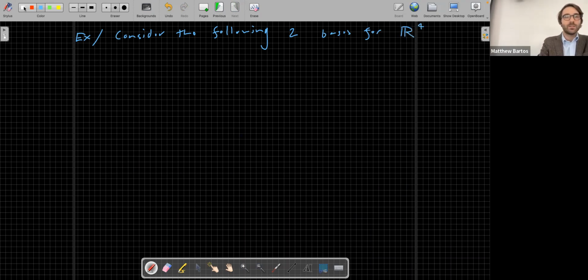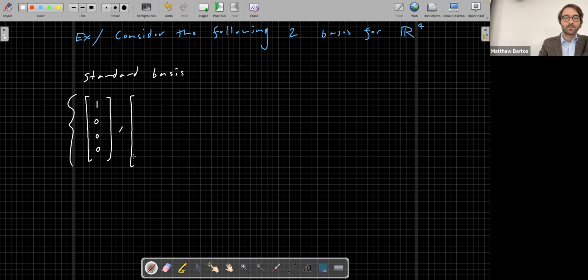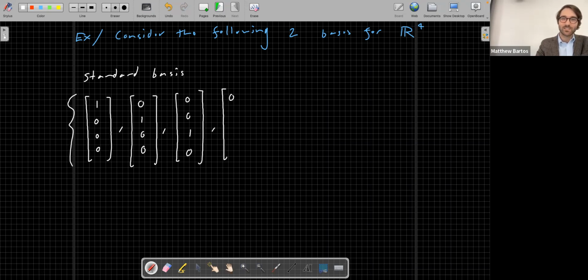The first is going to be the standard basis or the canonical basis. And this will be (1, 0, 0, 0), (0, 1, 0, 0), (0, 0, 1, 0), and (0, 0, 0, 1). Okay, there we go. So that's our standard basis.